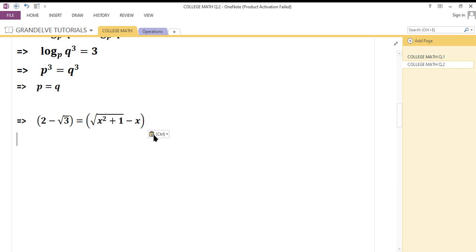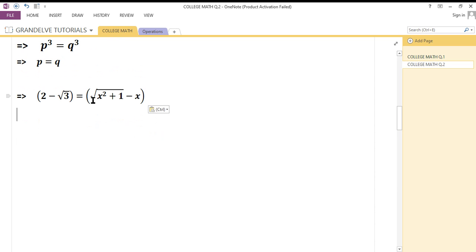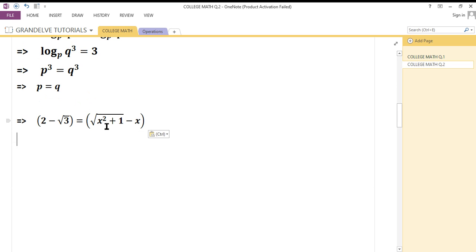So this is where we try to solve this equation involving x, so that we can now find the value of x. Looking at this, there are two ways. You can choose to find a square at the left hand side and at the right hand side of the expressions.